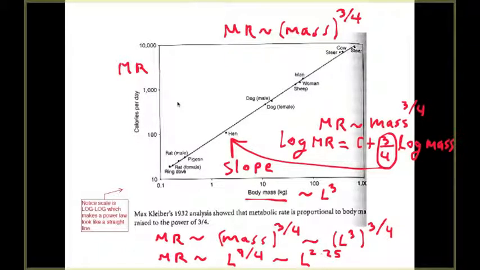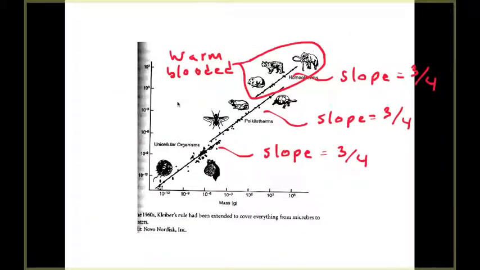So in 1932, people became aware of this, and for 65 years, this was one of the biggest mysteries in biology. It even got worse in the 60s when more data were added to this plot, and people were able to see that, for example, for warm-blooded animals, if you plot the metabolic rate with respect to the mass, you get a straight line, and the slope is 3/4.